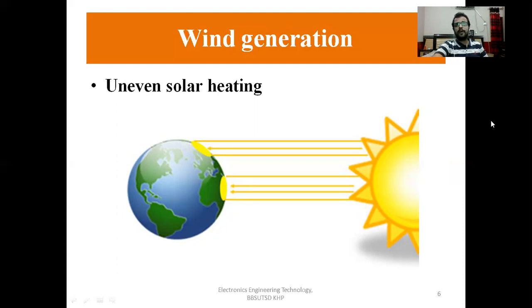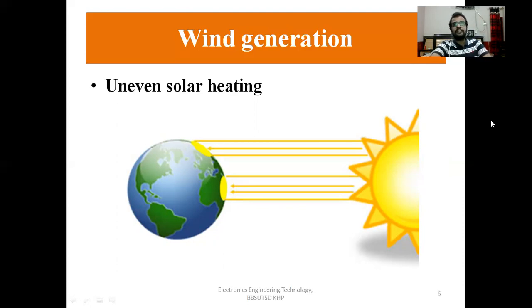With energy dropping off towards the poles, due to the spatial uneven heating on the earth, it forms a temperature gradient from the equator to the poles and a pressure gradient from the poles to the equator. So there is a change in the temperature at the equator and at the poles as shown in the figure, as well as a change in pressure from the poles to the equator.